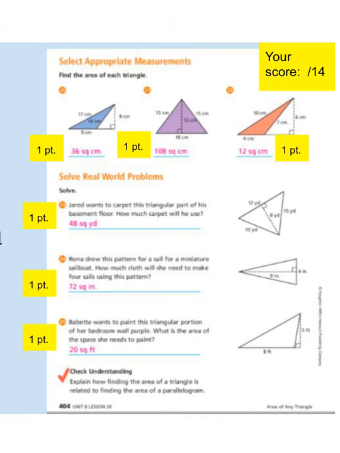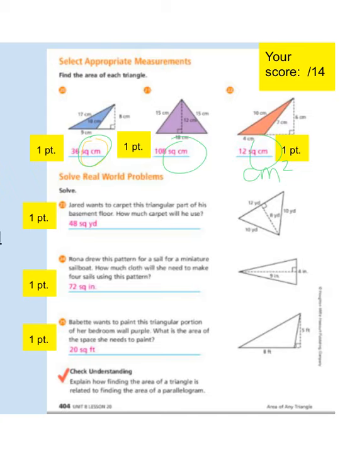Alright, I'm going to let you check this page pretty much on your own. You'll need to pause the video. Do make sure that you are putting labels on your work so that we know that it's centimeters squared or square centimeters, whatever it should be.